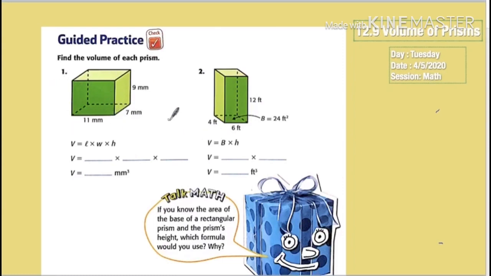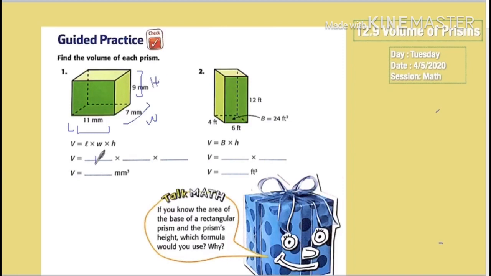Okay, then lastly, in the guided practice, we have to find the volume of each of these prisms. They are using the volume formula of length times width times height for this one, but they are using the formula base times height for the second one. So it's going to be a little bit different. Alright, so here our length is 11, our width is 7, and our height is 9.